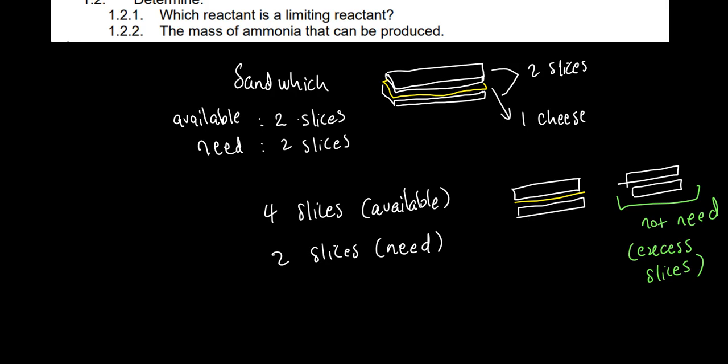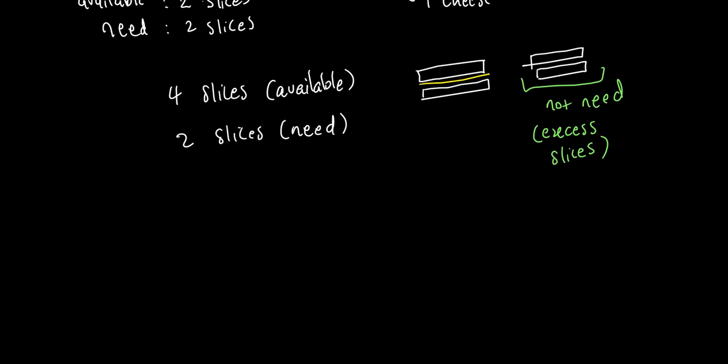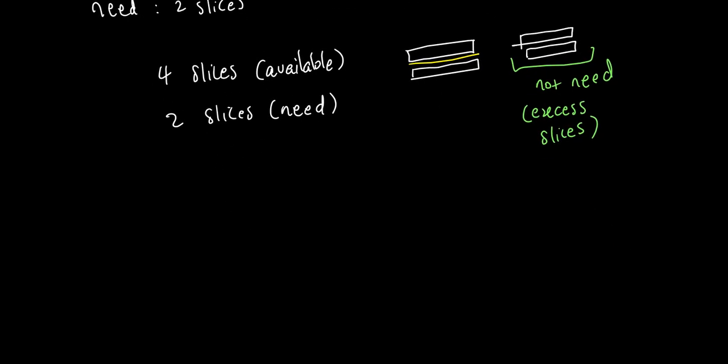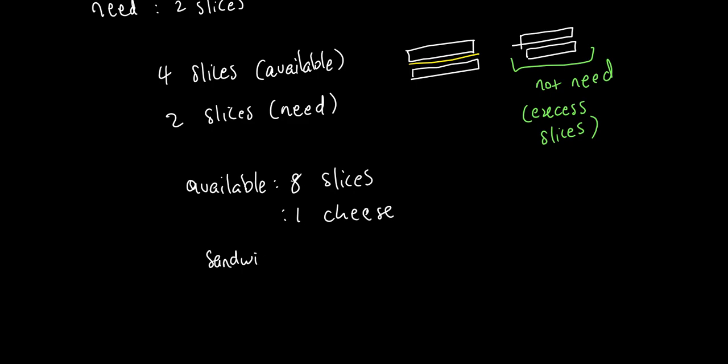But I want to show you something just before we move forward. Let's say I have eight slices of bread available, and I have one cheese. How many sandwiches am I going to make? It's just going to be one.